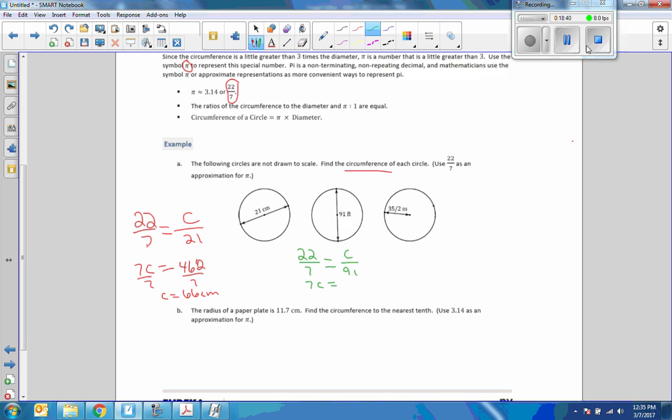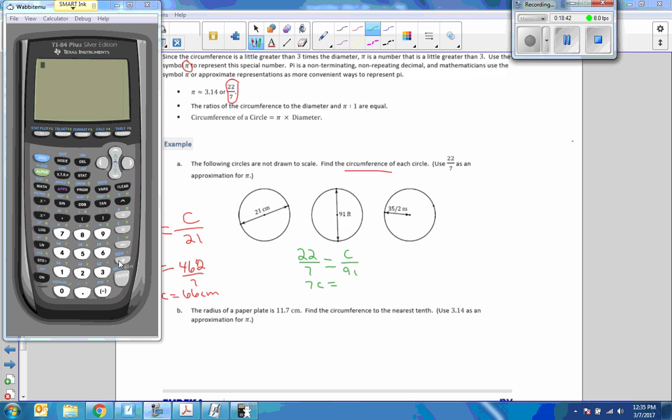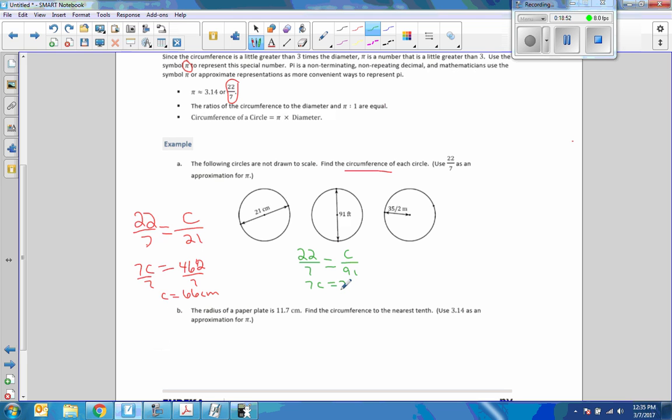Okay, so I brought my calculator in because there's some crazy values that we want to calculate. So 22 times 91 is 2002. Or feet. Always look at what our measurement was and use the same. This is 2002, is that right? And then we have to divide by 7.